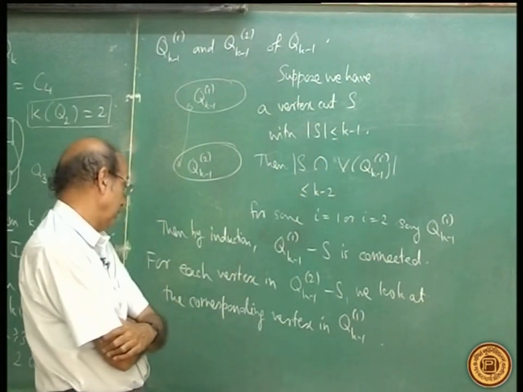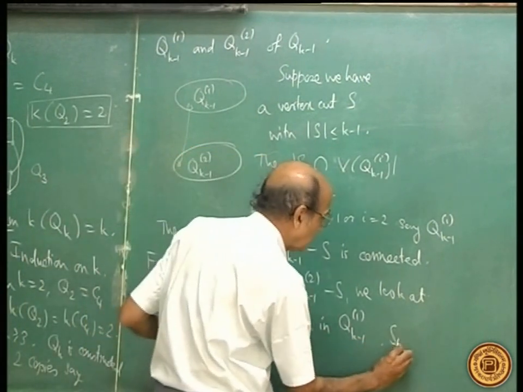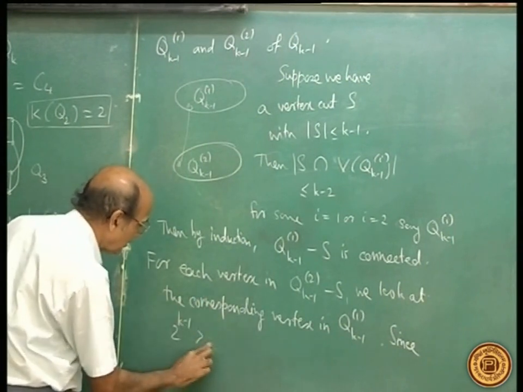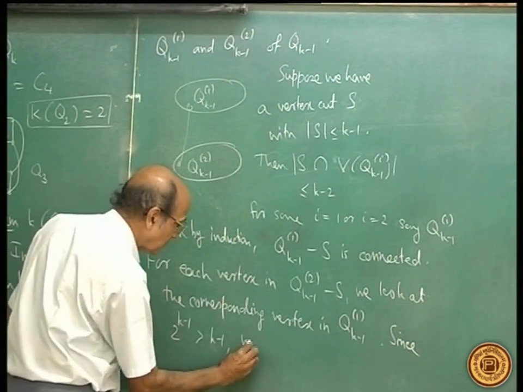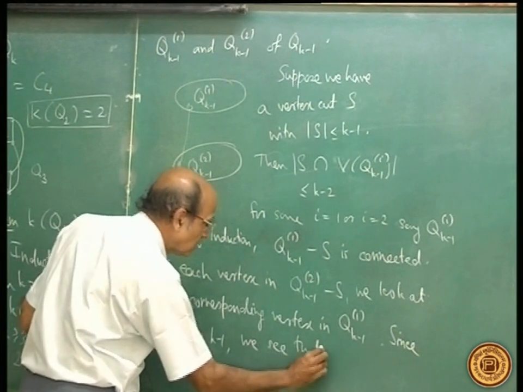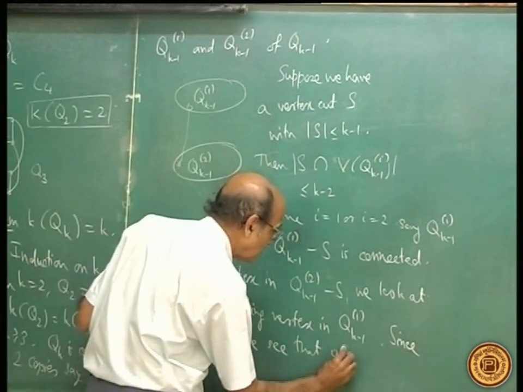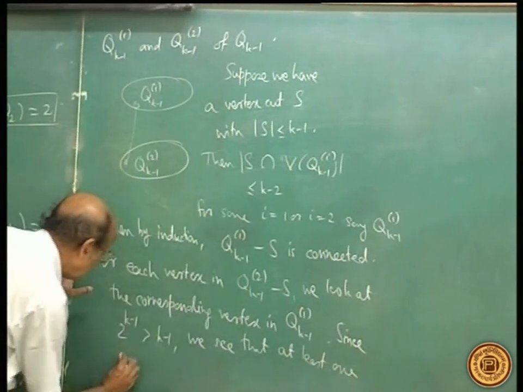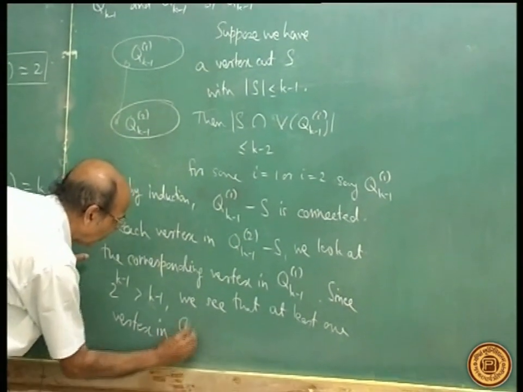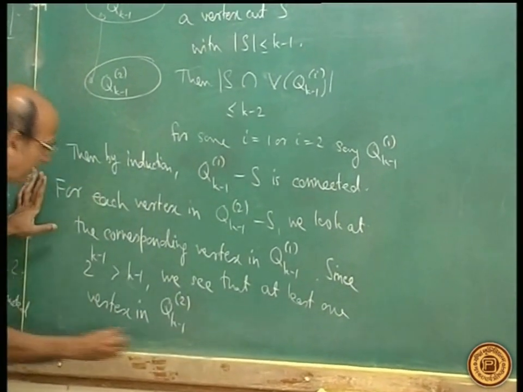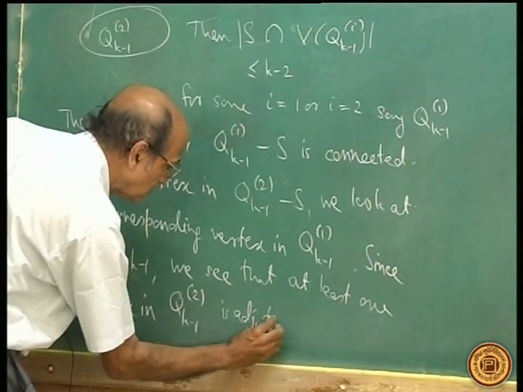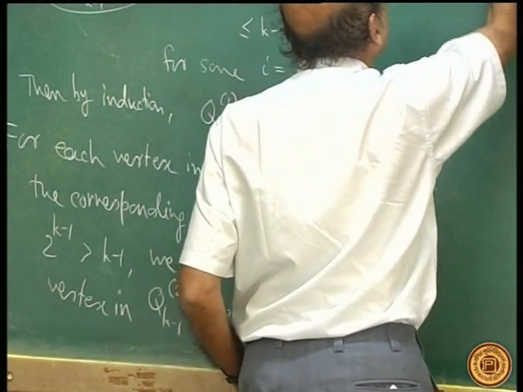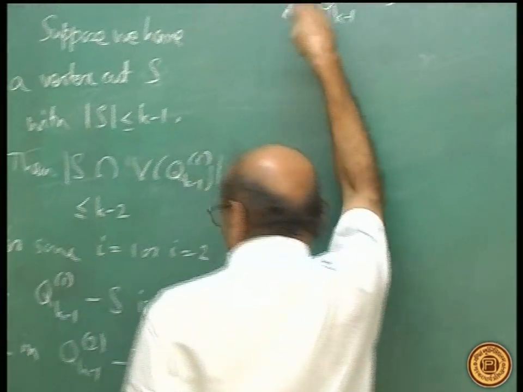Okay? At least one vertex in the second copy of Qk minus 1 is adjacent to a vertex which has not been deleted.